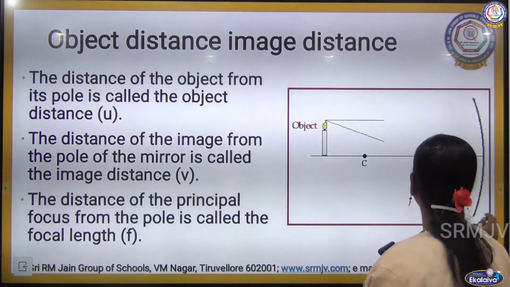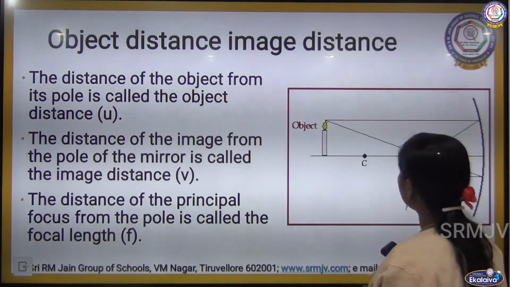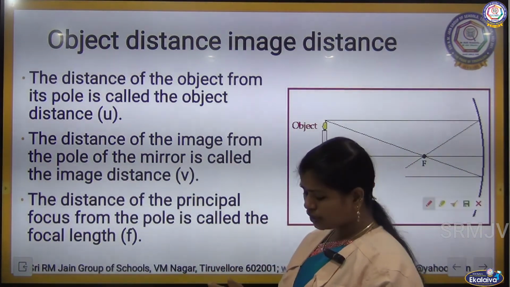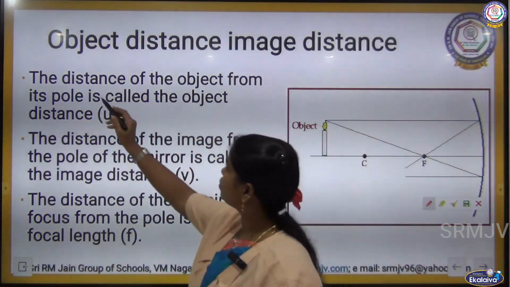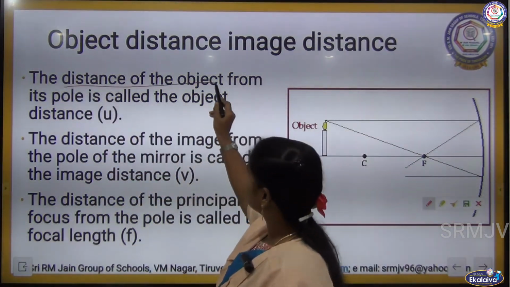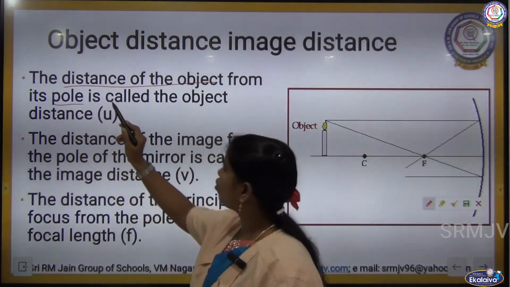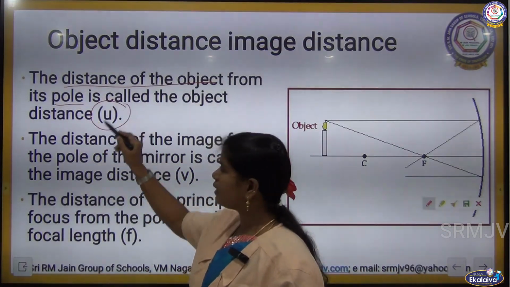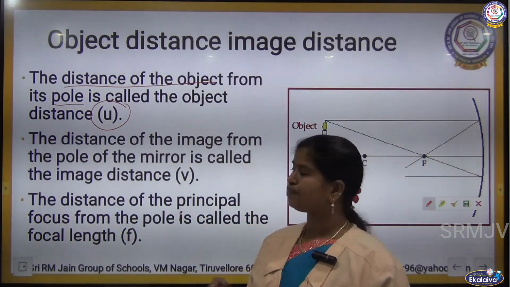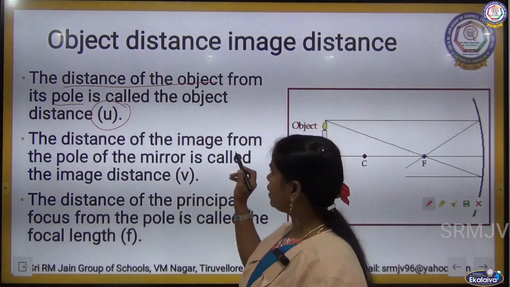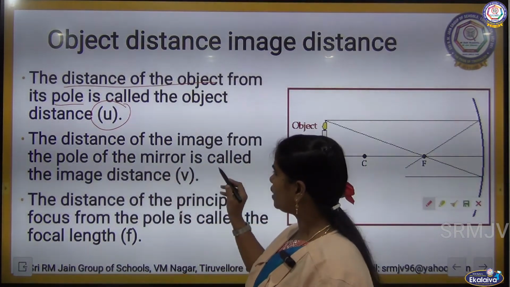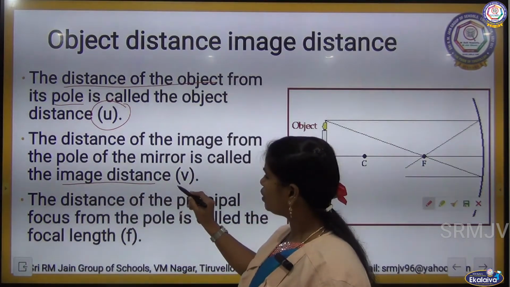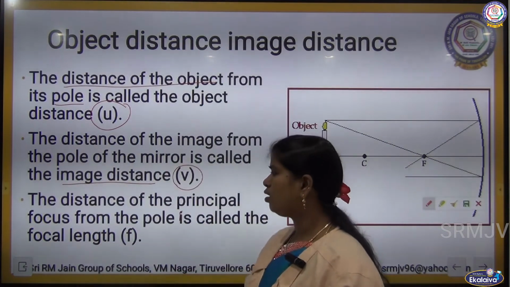Now we are going to talk about the object distance and image distance. The distance of the object from the pole is called the object distance, and it is denoted with the letter small u. The distance of the image from the pole of the mirror is called the image distance, and it is denoted with the letter small v.